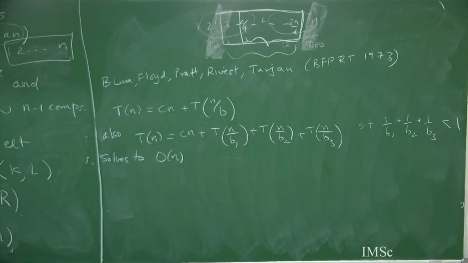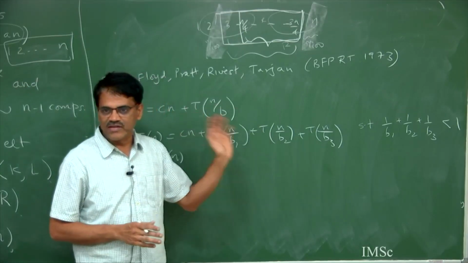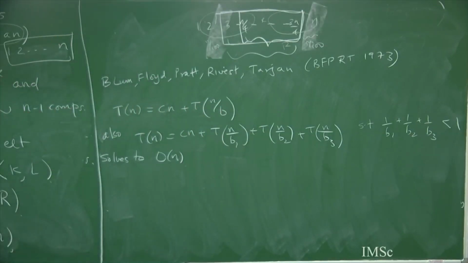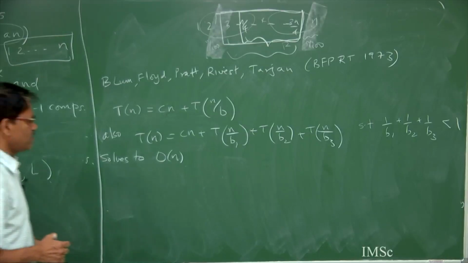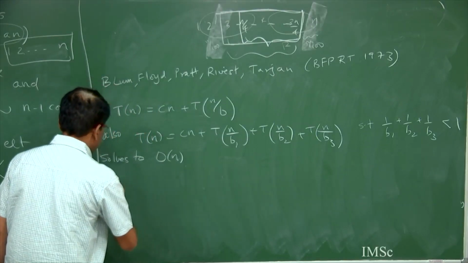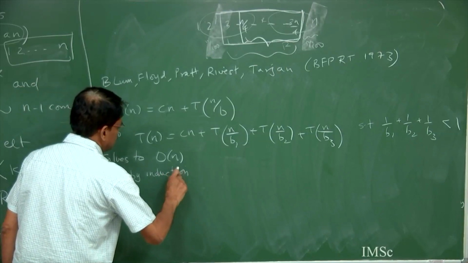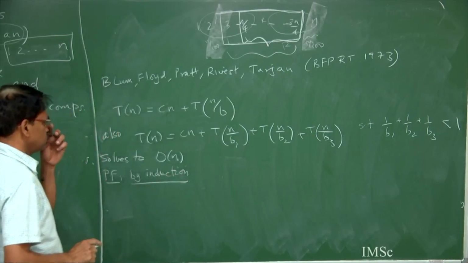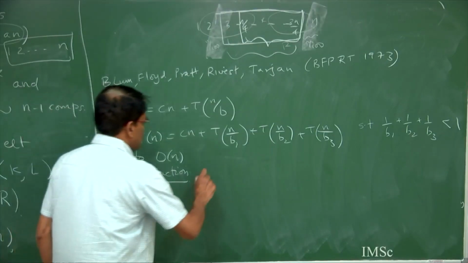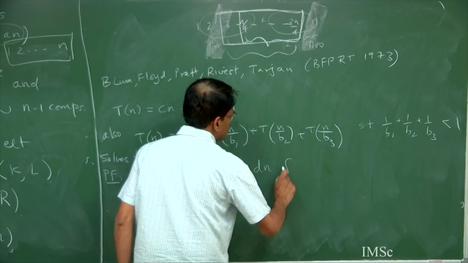Okay, let us try and prove this. We will prove it by induction. Now, it does not fit into the master theorem because of all these different b_i's, but since I know the solution, let me try and prove it by induction. How do you prove it by induction? I am going to say that T of n is at most dn for some large constant d.